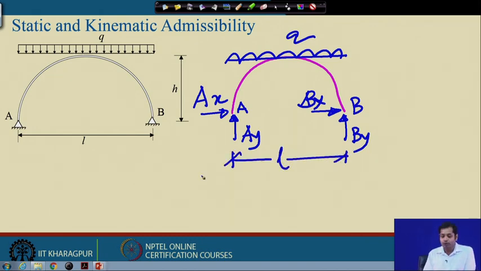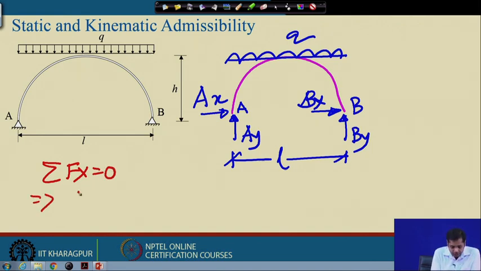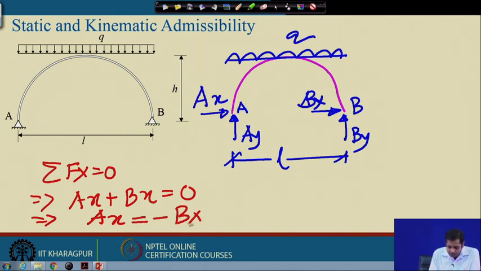Now, you see, if we write the equilibrium equations, the first is summation of Fx is equal to 0. Summation of Fx is equal to 0 means what? This gives me that Ax plus Bx is equal to 0, or we can say that Ax is equal to minus Bx, right.